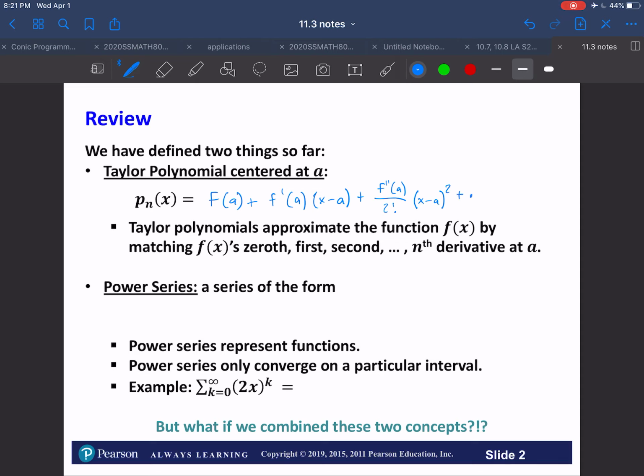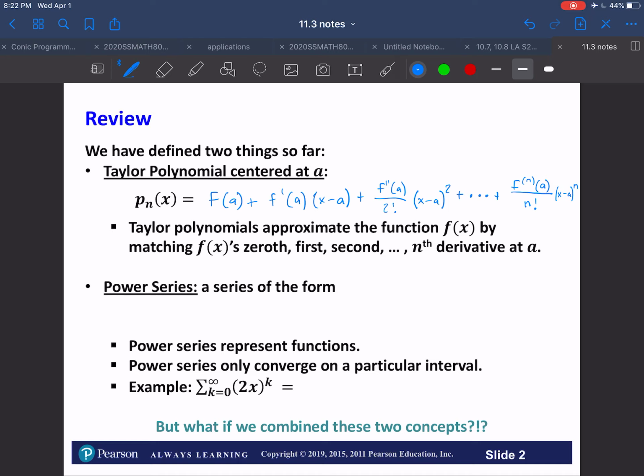And this continued until we got to the nth term of this Taylor polynomial, f^(n) of A divided by n factorial times x minus A to the nth power.